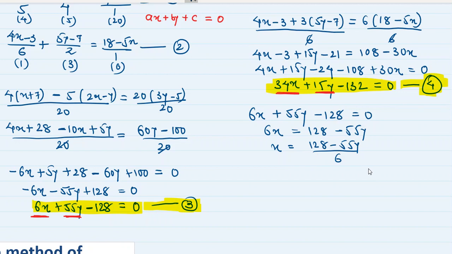So what is that? This is the value of x which we got from equation number 3. This value of x, I'm going to put in equation 3 again? No, I'm going to put it in equation number 4. I'm going to substitute this value of x in equation number 4. Let's do that.